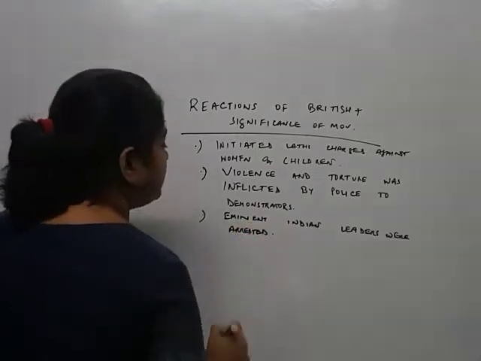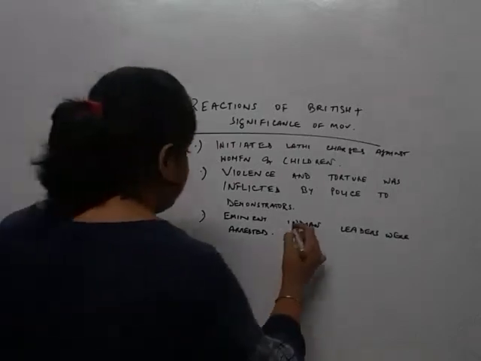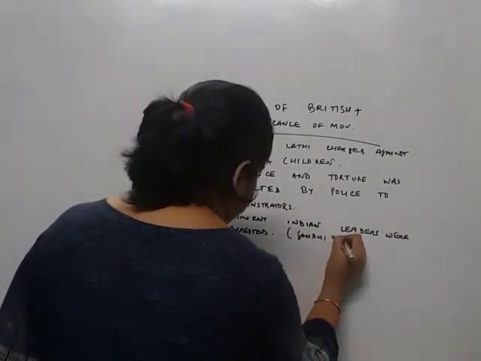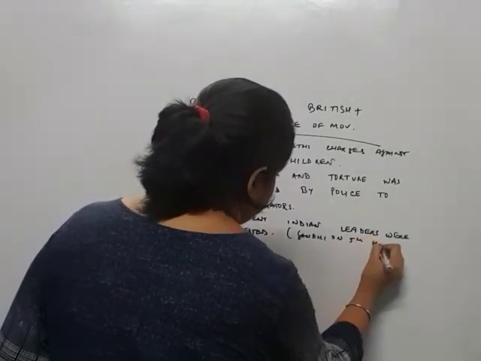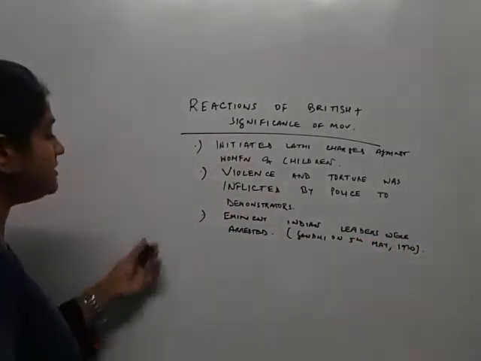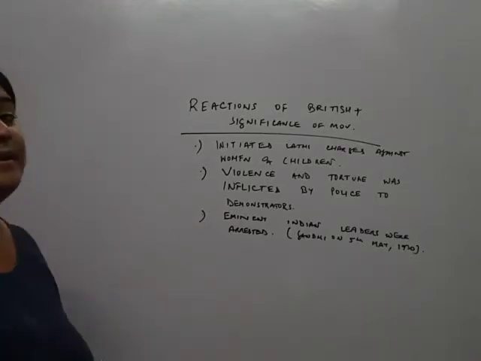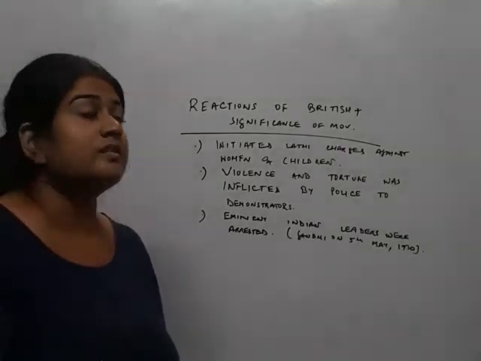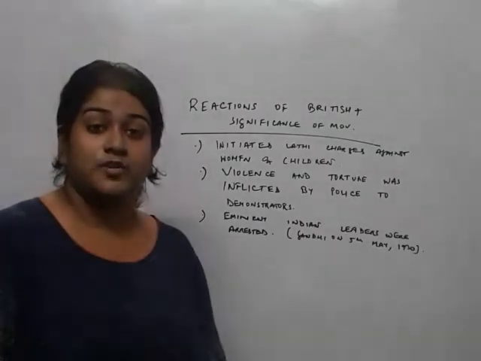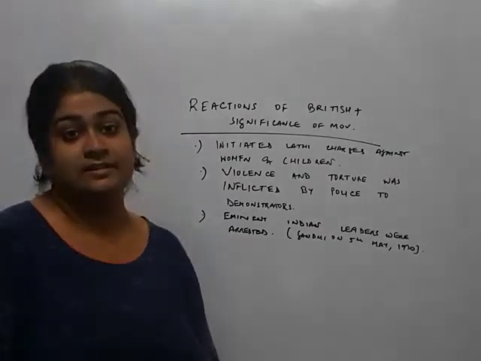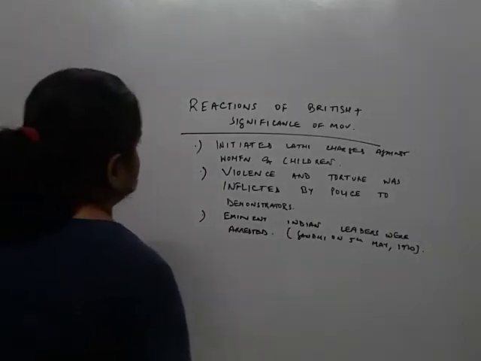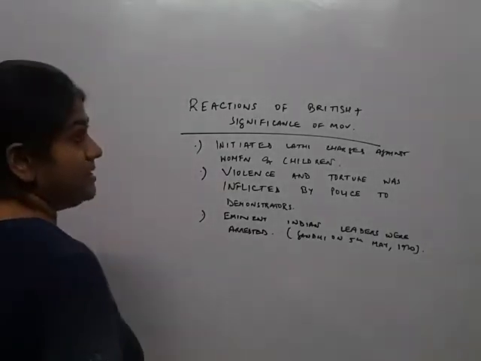So obviously eminent Indian leaders were arrested, including Gandhi ji, on 5th of May 1930. So Gandhi himself was arrested on 5th of May 1930. So the launching of this movement obviously led to the arrest of a wide number of political leaders participating in the freedom struggle. Now, the significance of the movement.